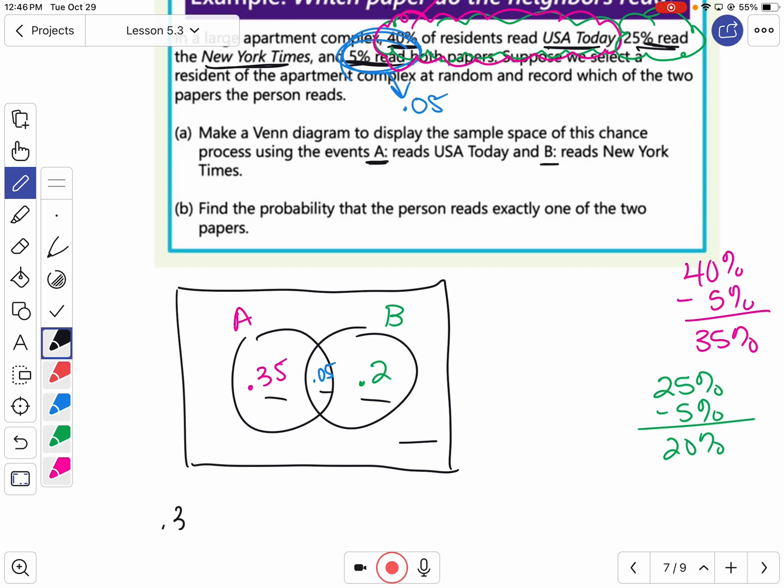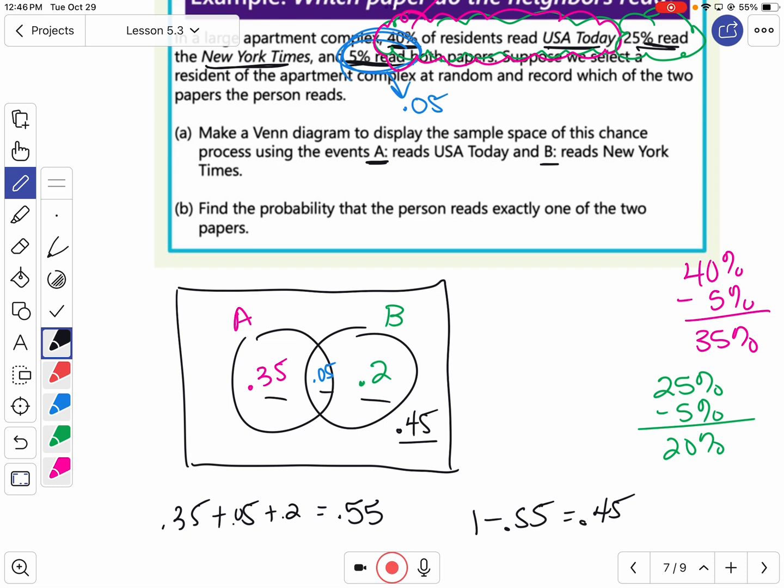So I'm going to do 0.35 plus 0.05 plus 0.2. That gives me 0.55. And then I'm going to subtract from 1, which leaves me with what? 0.45. And that's what goes in that last blank. What? 0.05 plus 0.35.